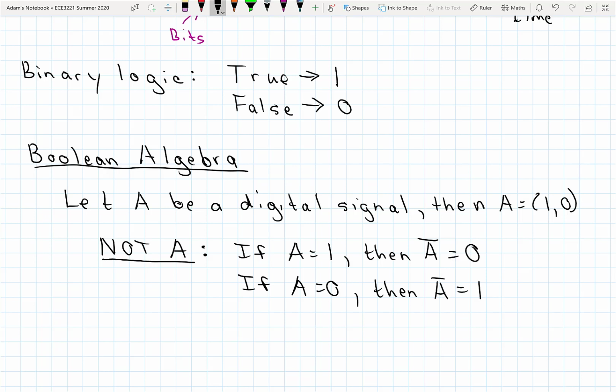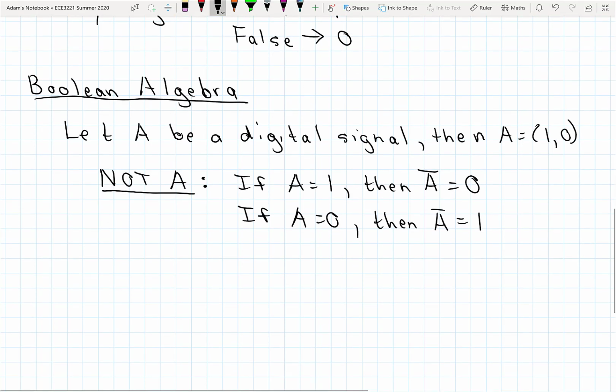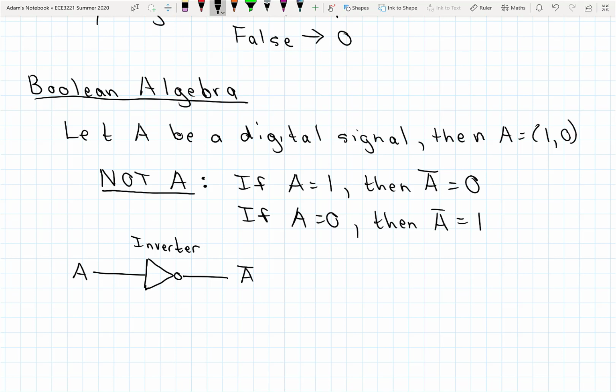So it's just the inverse of the original value when we do a NOT. Okay, this NOT operation is done with a device known as an inverter. So if I put that digital signal A into an inverter, at the output I'm going to get not A.